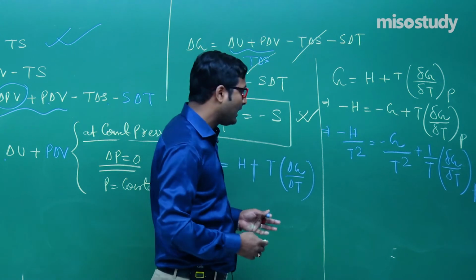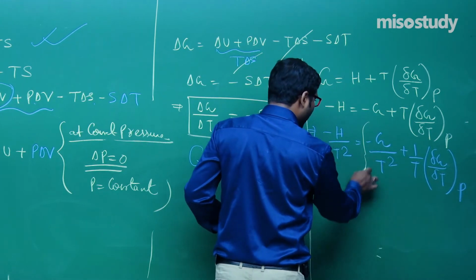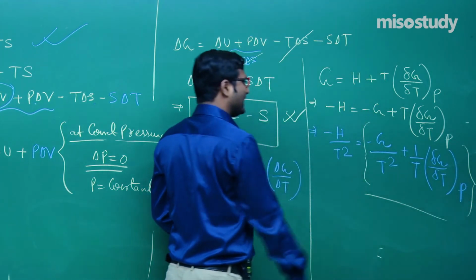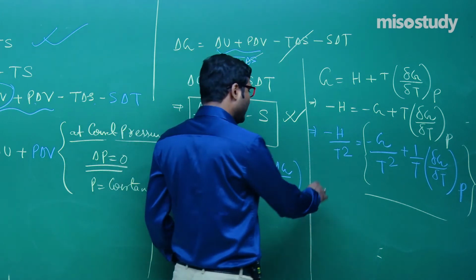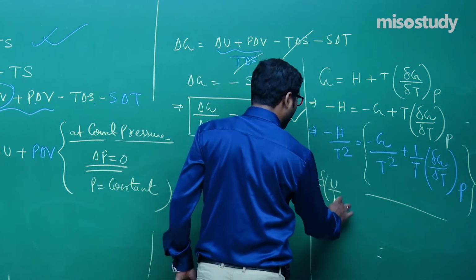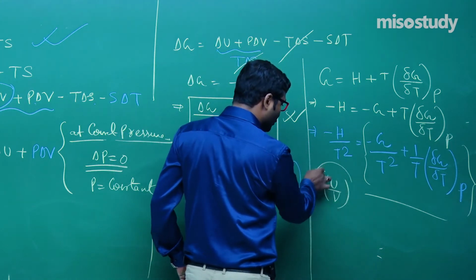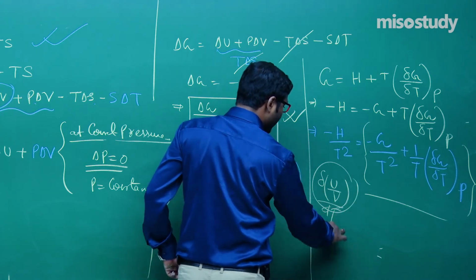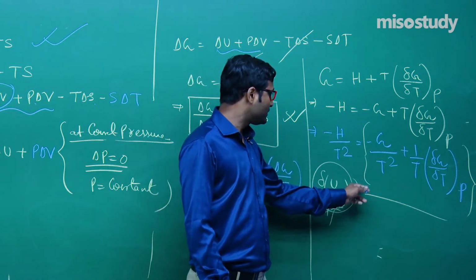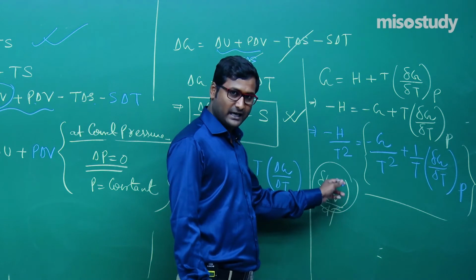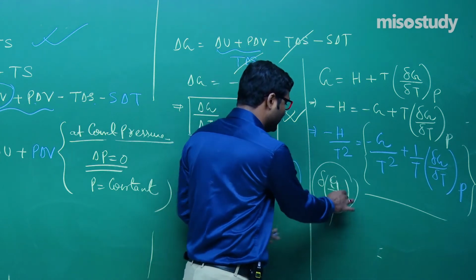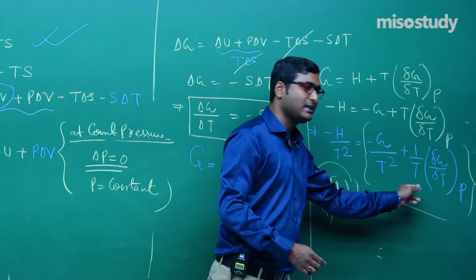Clear to you? Now look at this mathematical expression. If we know d(U/V), how to differentiate? If U by V is differentiated like this, here it is not U by V, it is G by T, this is the formula, then you will get the answer.